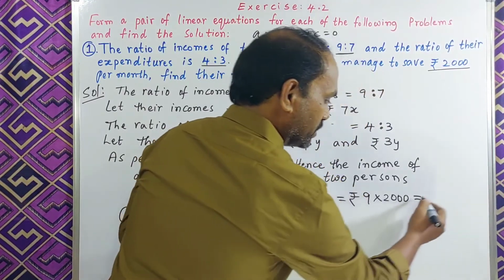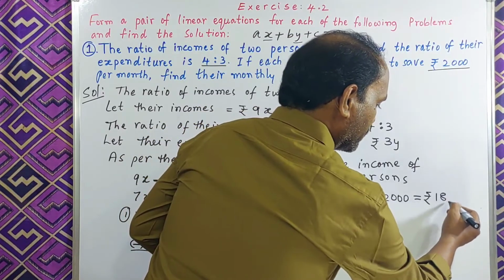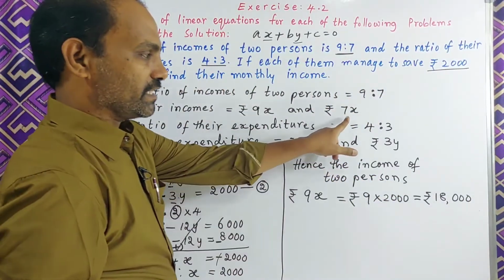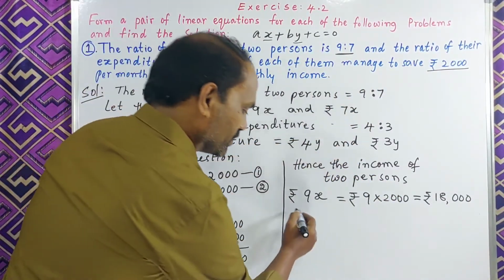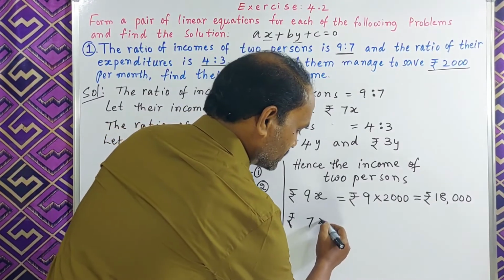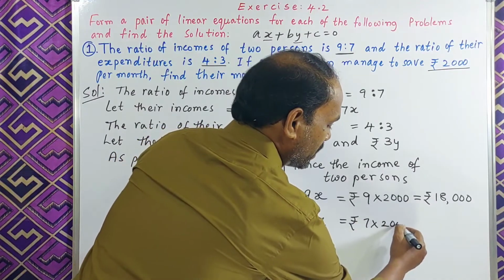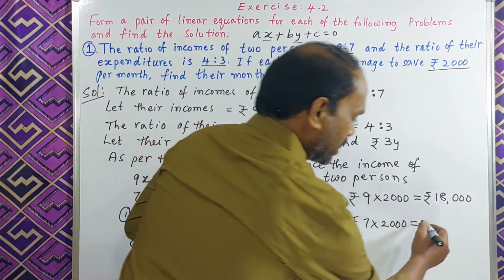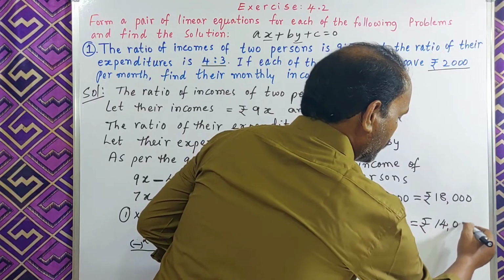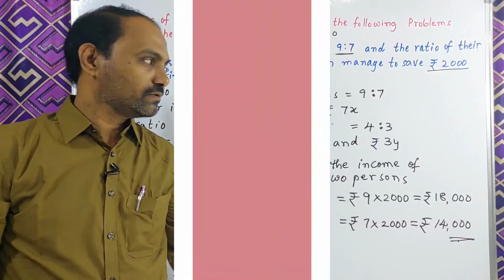So 9 into 2000 is rupees 18,000. Second person income 7x is 7 into 2000, which means 7 into 2 is 14, so 14,000. Is it understood? Yes, students.